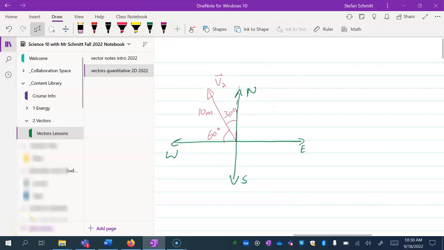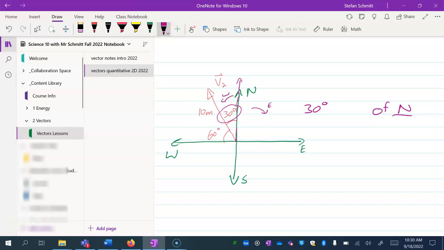Imagine we are initially pointing towards the north, and someone is going to tell us to turn to point in the same direction as V2. Since we are initially pointing north, we'll say "of north," and we are going to turn 30 degrees. In which direction? You could either turn towards the east or towards the west.